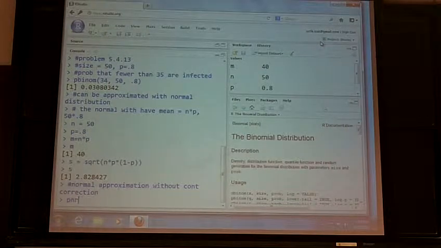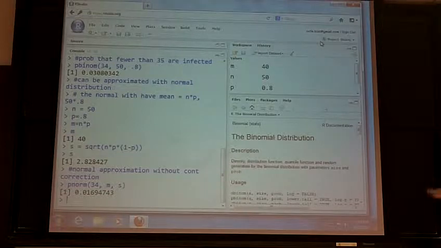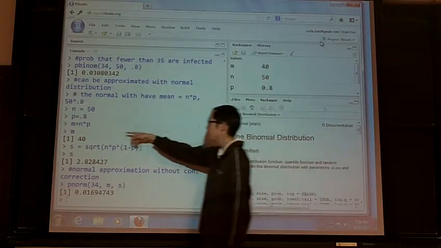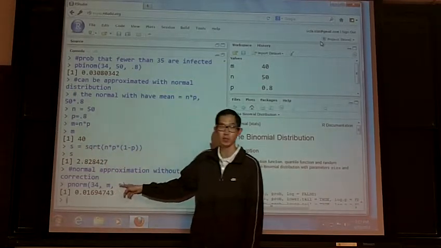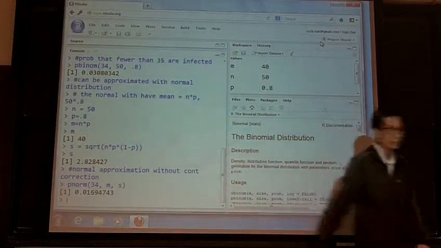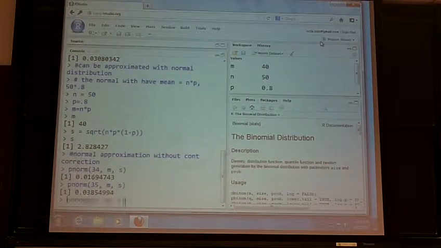So I could do pnorm of 34, and my mean is m, and my standard deviation is s. I could put in actual numbers, but because I also told R that m is equal to this value and s is equal to this value, I can just plug things in there. pnorm of 35 will give me this.